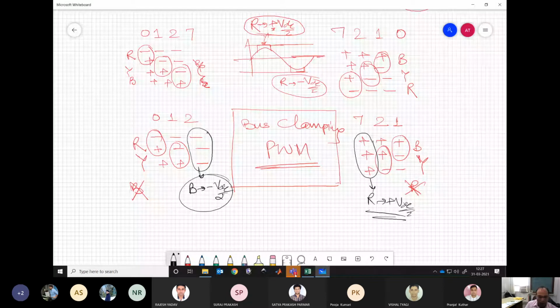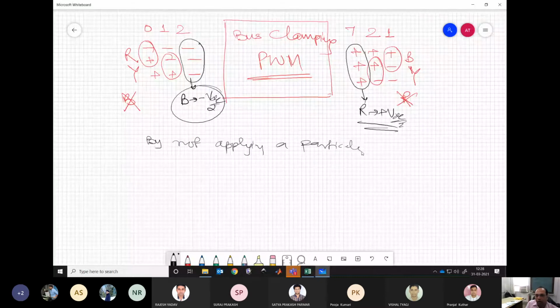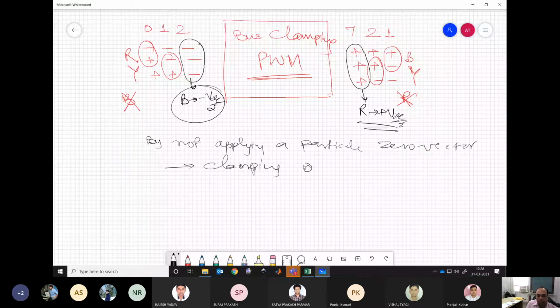So by not applying a particular zero vector, we are actually clamping one of the phases. Are you getting my point?